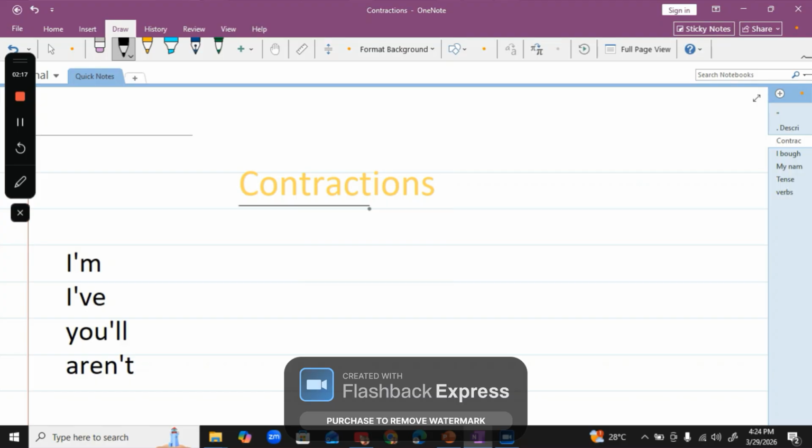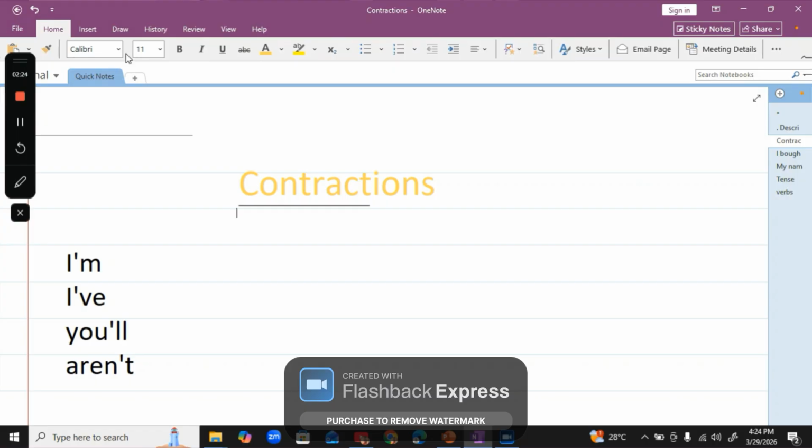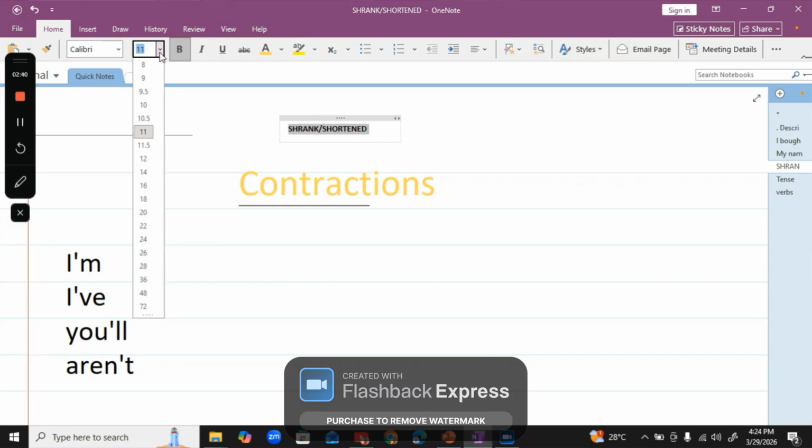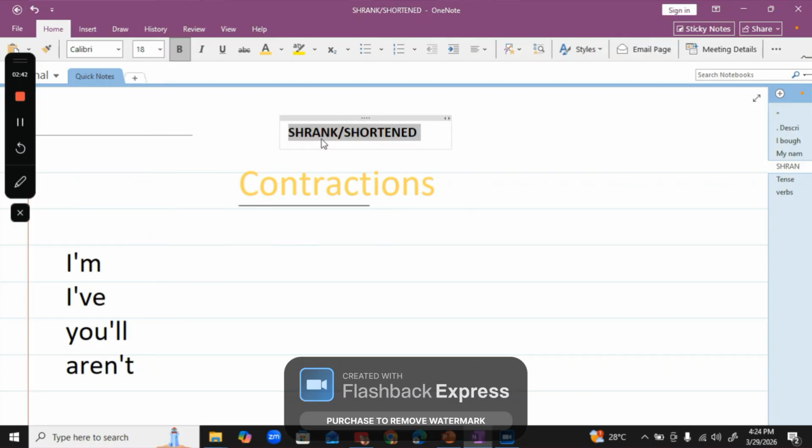All right, so I have underlined the word contract. It's a very common word, and we use it in our daily lives as well. When we talk about something contracting, we say that the very thing has actually shrunk or has shortened. So same is the case with our contractions in English grammar as well.